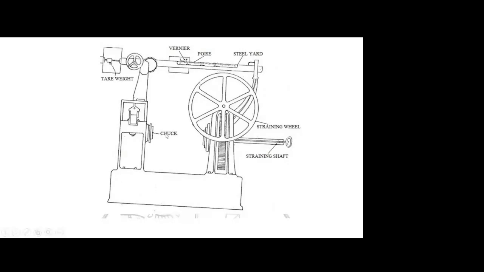The specimen is fixed in between these two parts, and it is tightly fitted by using this tightening shaft. We can pull this one and make the specimen completely tight with the machine. First of all, the specimen is inserted into that particular arrangement, and this entire assembly is fitted into the machine.